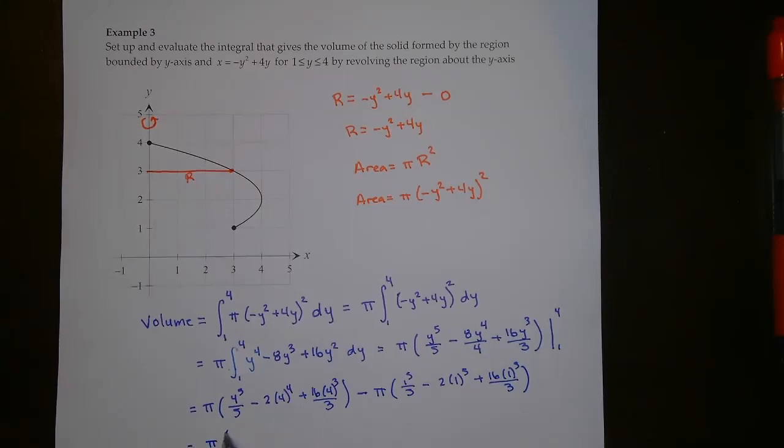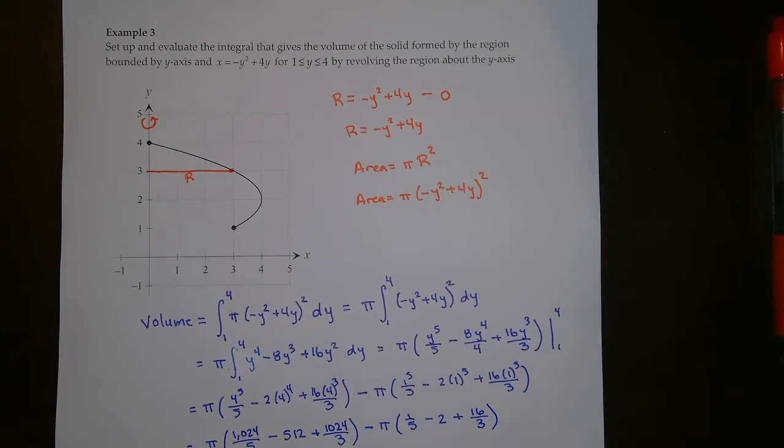Okay, and then this would come out to be pi times, and 4 to the fifth would be 1024 over 5 minus, and 4 to the fourth is 256, so 512, and then plus 1024 over 3, and then minus pi times, and this would just be 1/5 minus 2 plus 16 thirds, right?